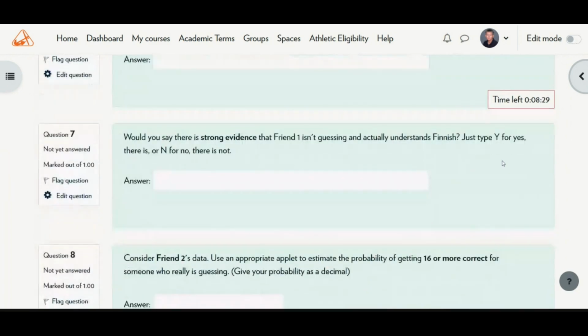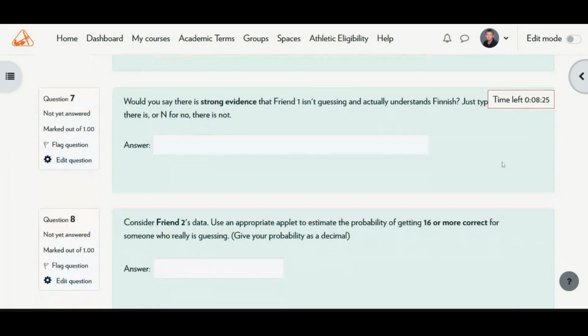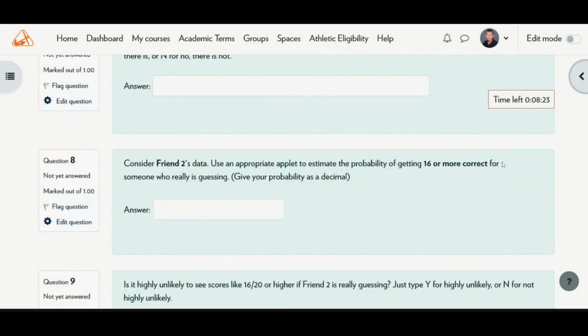It's 25. Okay, now 4 and 2. So 16, yes, 10 out of 20 always have, but 12 is... Okay, and then so it's 0.0110. Yes.